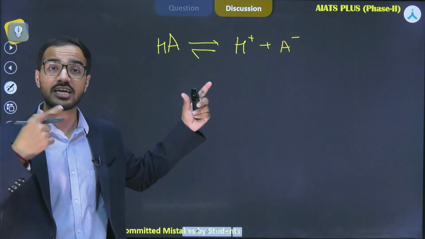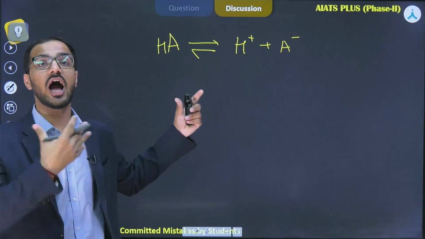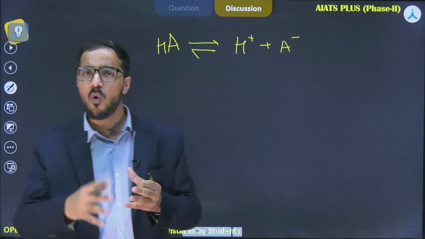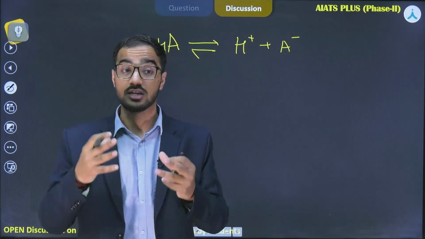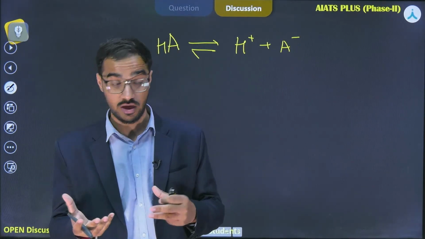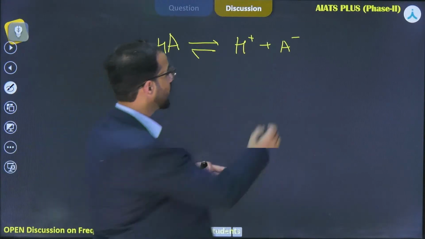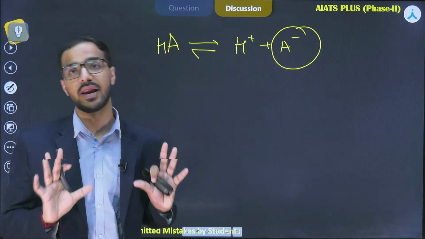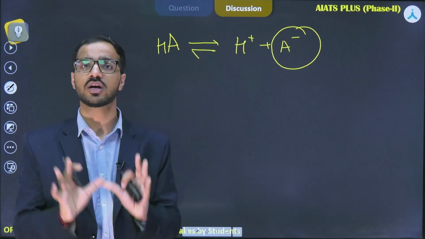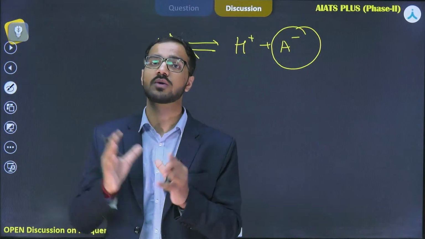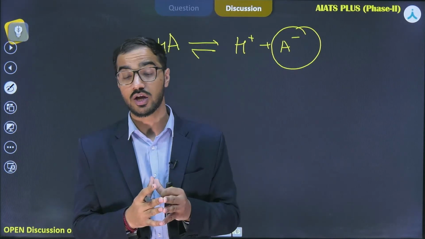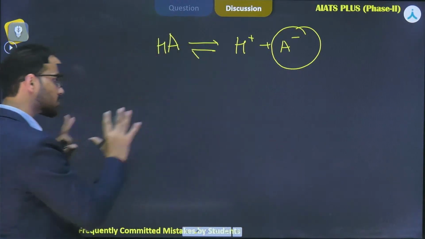It specifically depends upon the conjugate ion which is formed. If the conjugate ion formed is more stable, the compound is more acidic. So we have to stabilize it more. This is the first and foremost thing you should be aware of before dealing with the acidity of compounds.